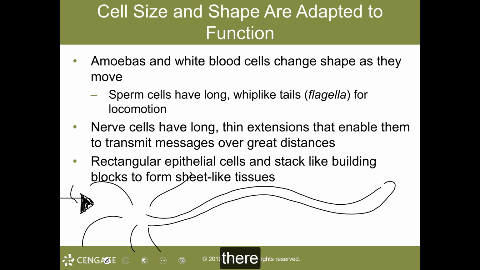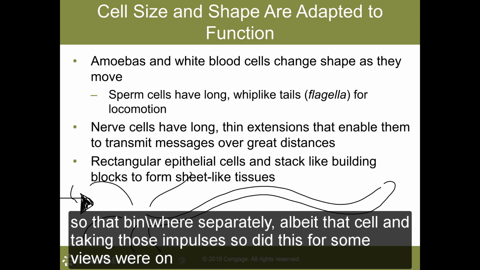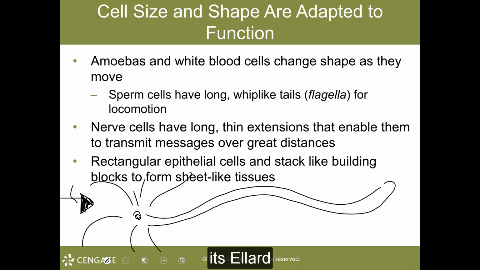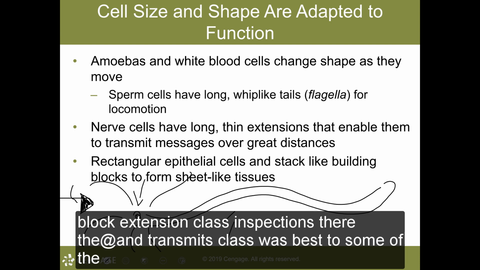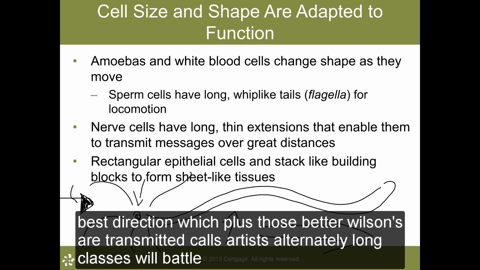Better arrow. So the dendrites, class, are that receptive region of the nerve cell. They take in those impulses. So within this portion of this neuron is the cell body, and that's the nucleus. The long extension, class, I just mentioned is there, the axon, and it transmits, class, those messages in one direction. And that's the direction in which, class, those nerve impulses are transmitted over those great distances, up to even a meter long, class, in some people who are quite tall.